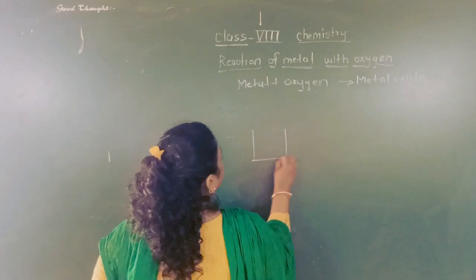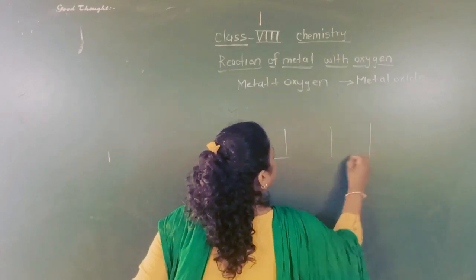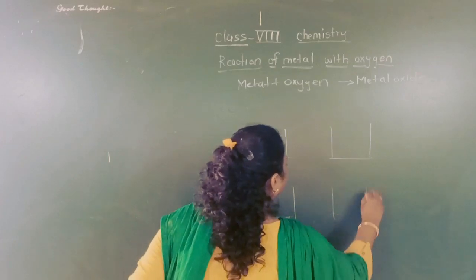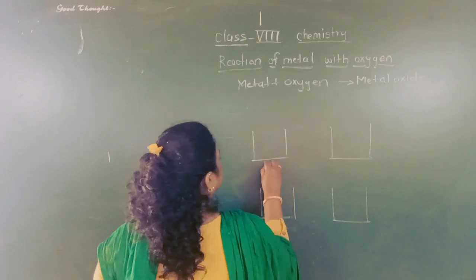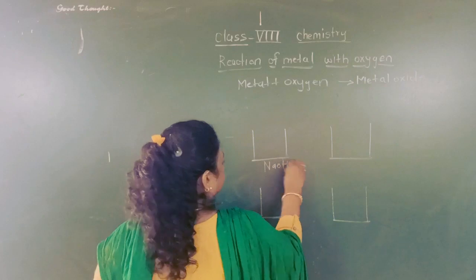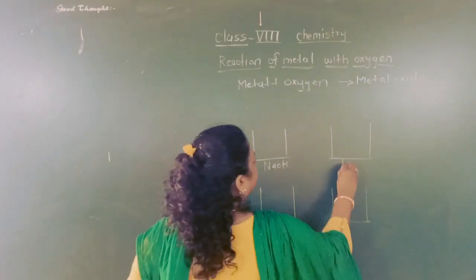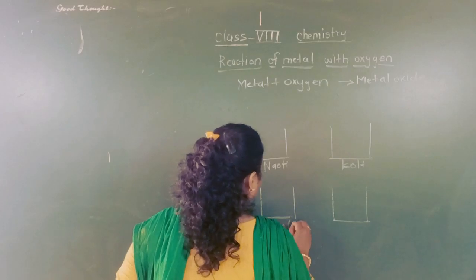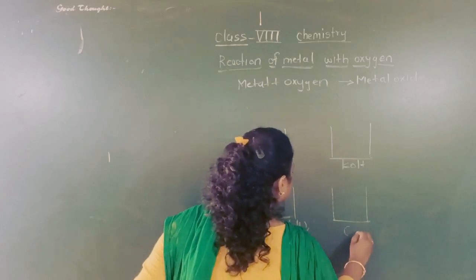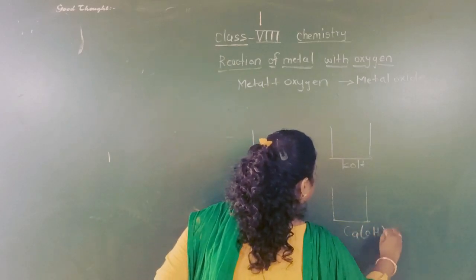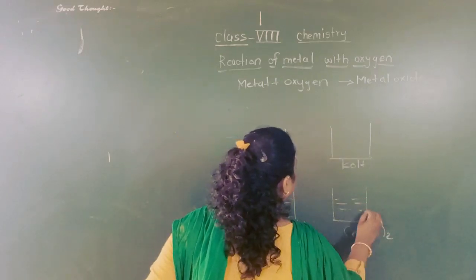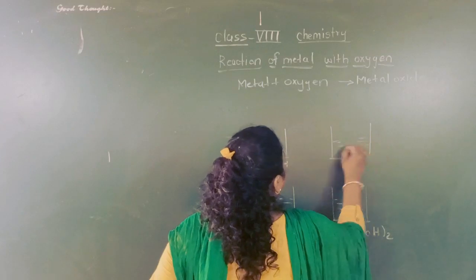This is one beaker, another beaker, a third beaker, and a fourth beaker. They contain KOH, Mg(OH)2 and Ca(OH)2, their hydroxides.